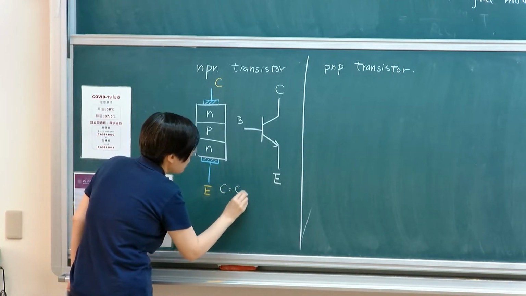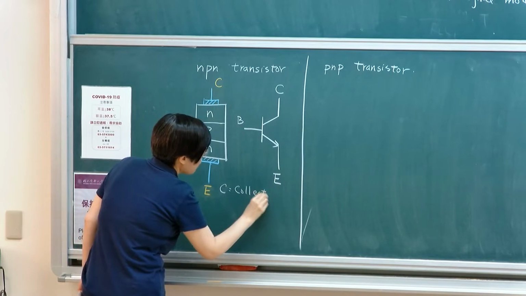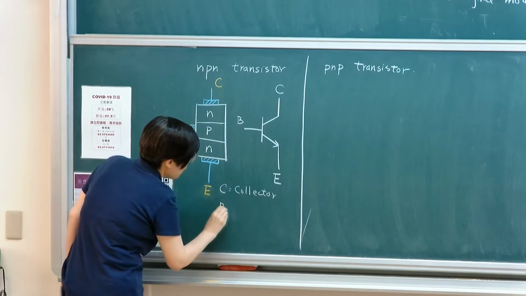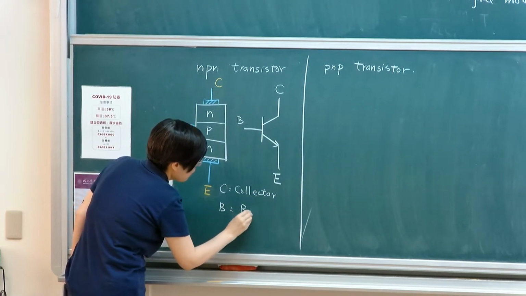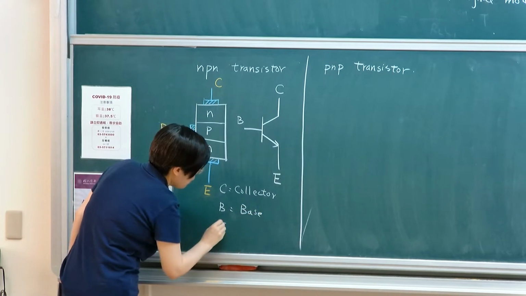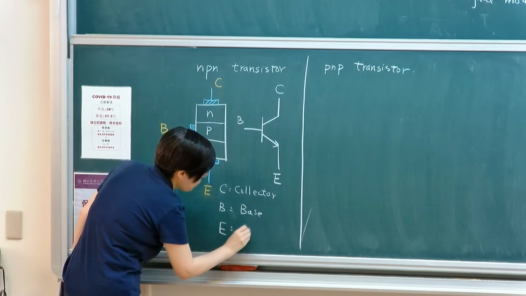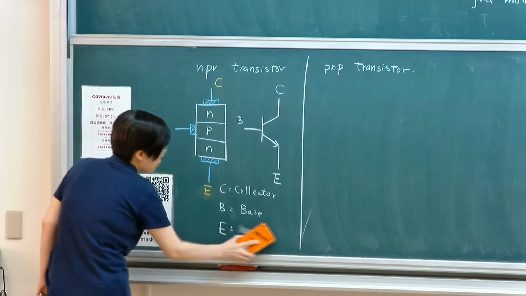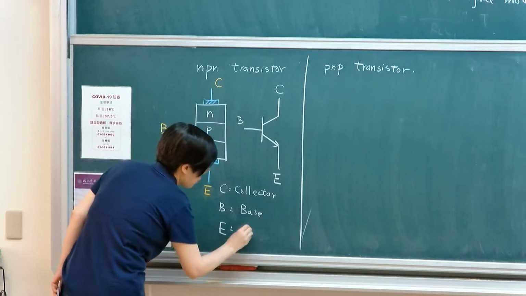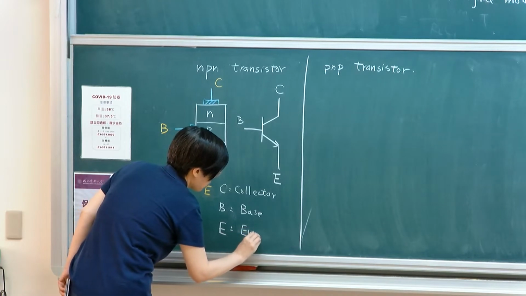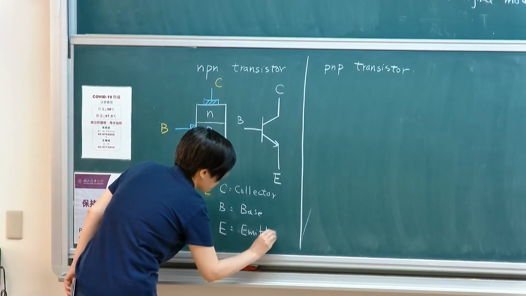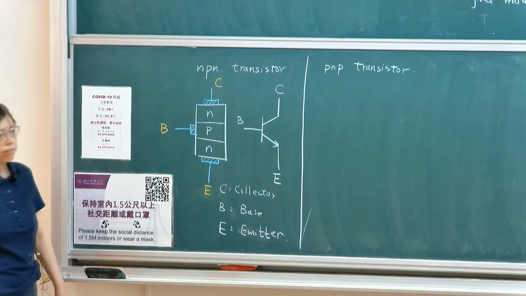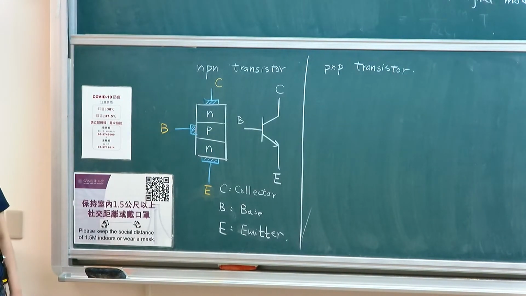C stands for collector. B stands for base. E stands for emitter. Okay? So this is the basic structure of an NPN transistor.